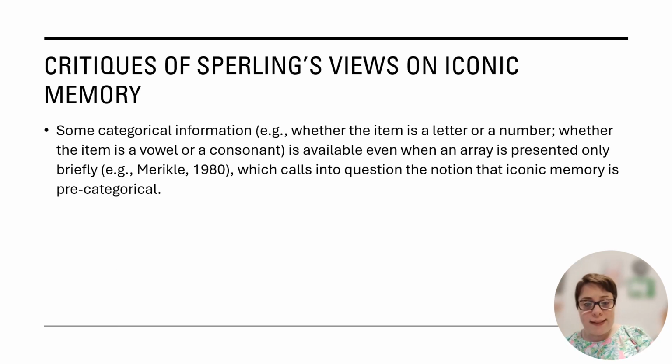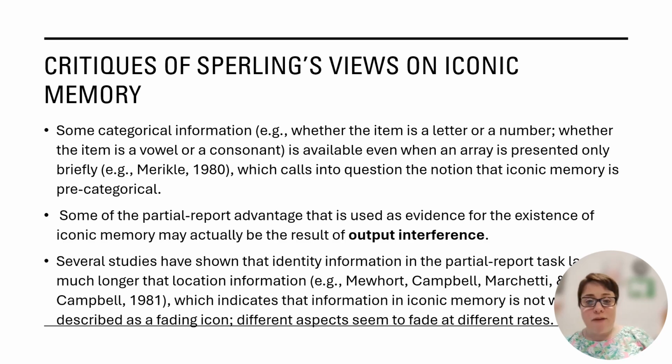Although many experiments have replicated Sperling's findings, a plethora of experimental evidence contradicts the concept of iconic memory or visual sensory memory as a rapidly fading pre-categorical memory store that is independent from other short-term memory stores.